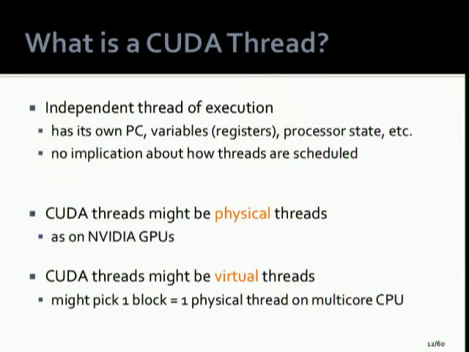However, there is no implication in a CUDA program about how threads are scheduled. In particular, there's no implication that CUDA threads are scheduled in a fair manner, meaning that if one of the threads is blocked, then another thread for sure will be able to make forward progress. And all the threads will be able to make forward progress until we reach some synchronization point and then continue on.